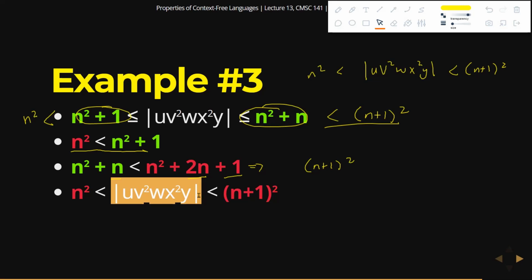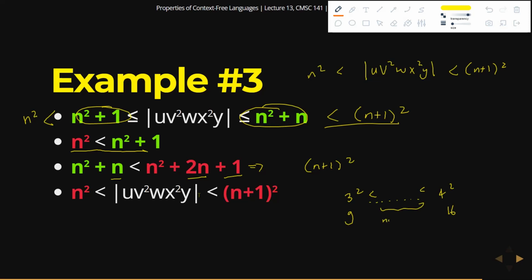Does that make sense? Because, for example, let's say we have 3 squared and 4 squared. The numbers in between 3 squared and 4 squared cannot be perfect squares, right? If you have 9 and 16, there are no perfect squares in between them, right?